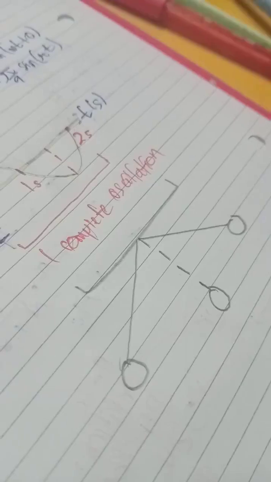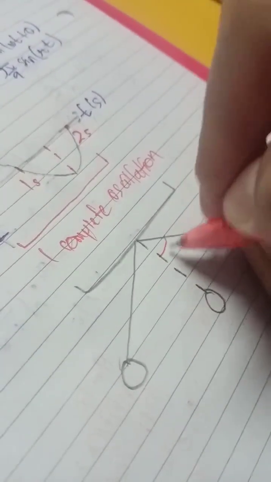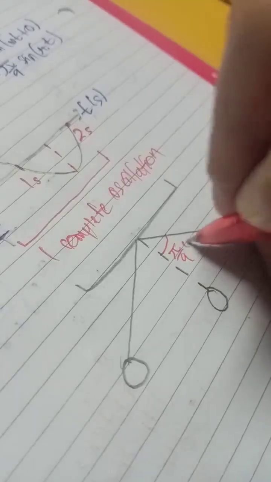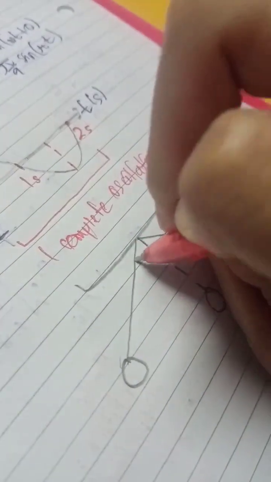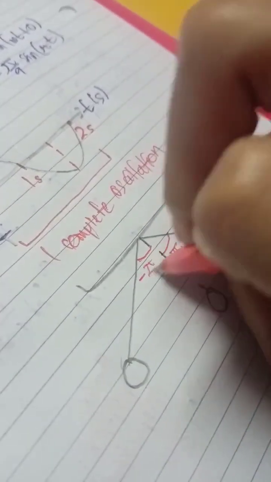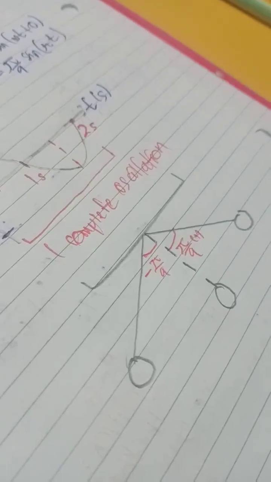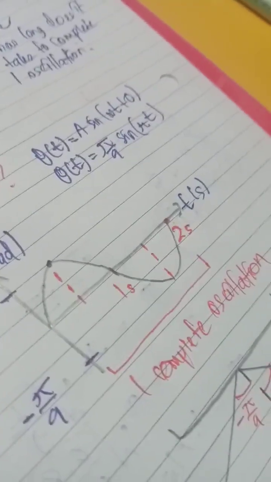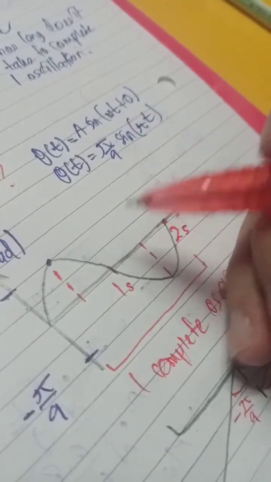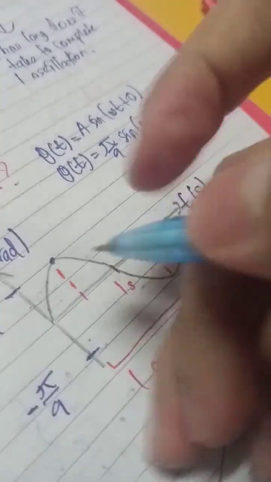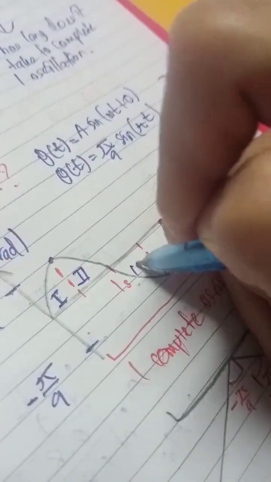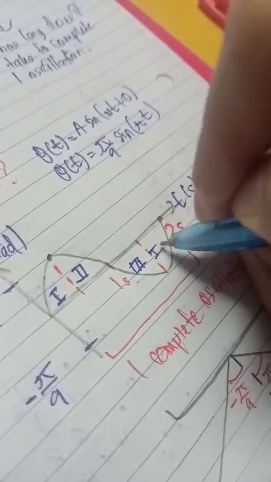Here is 20 degrees, which is pi over 9 positive, and here we have negative pi over 9. So in this graph we have four tiers. This is the first tier, this is the second tier, this is the third tier, this is the fourth tier.